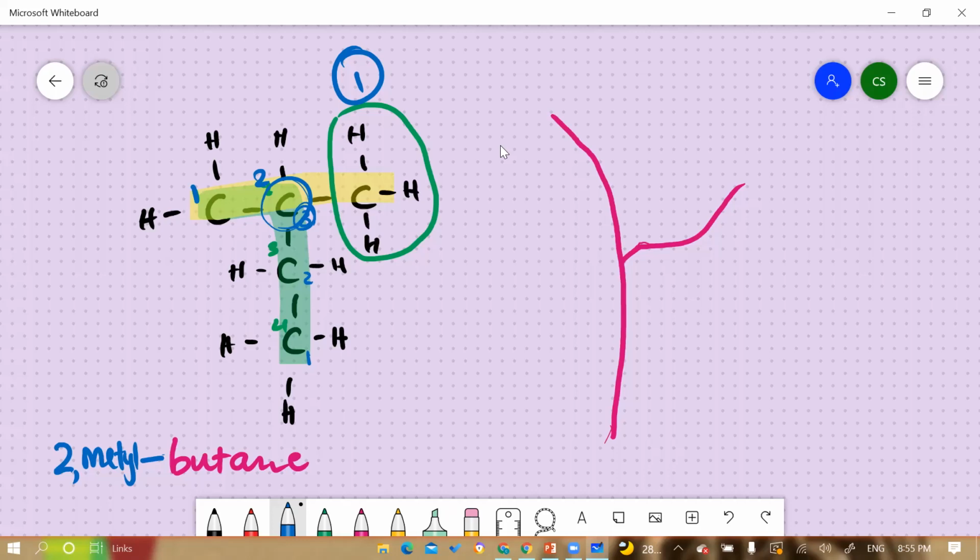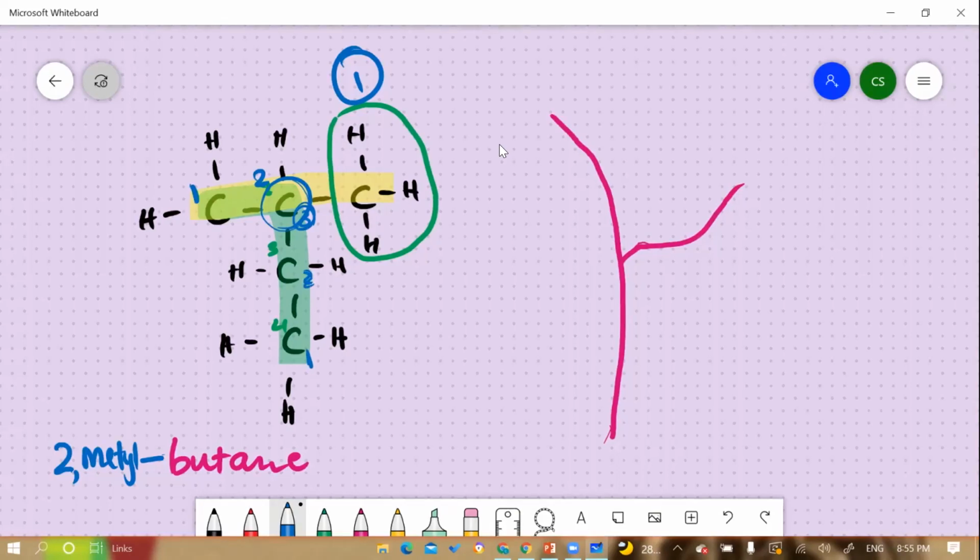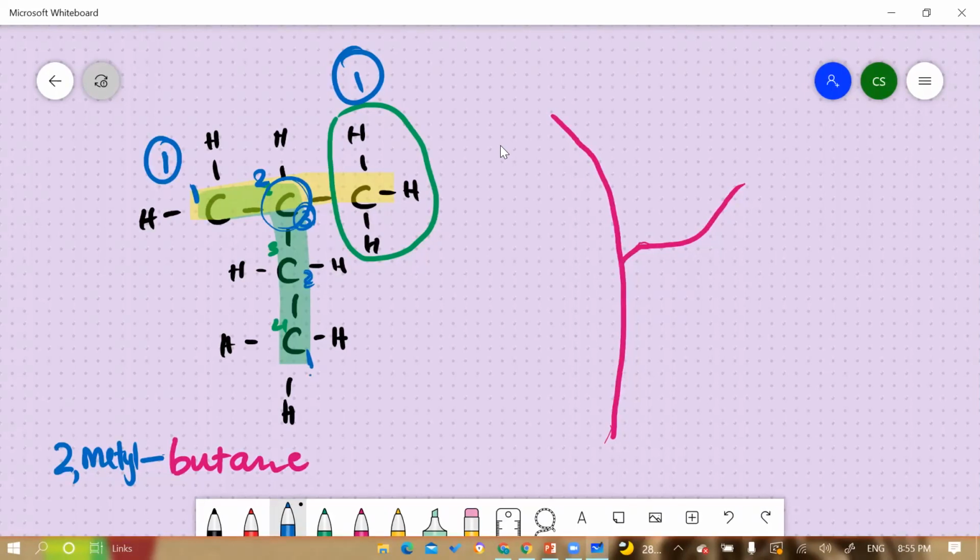You might ask why we never count from the other way. If we count from the other way, 1, 2, 3, you get 3. You want to use the smaller of whichever two numbers you get when counting from the two directions. Starting from this way, we got 2, and counting from this way, we got 3. So you use the 2 because 2 is smaller than 3. Clear?